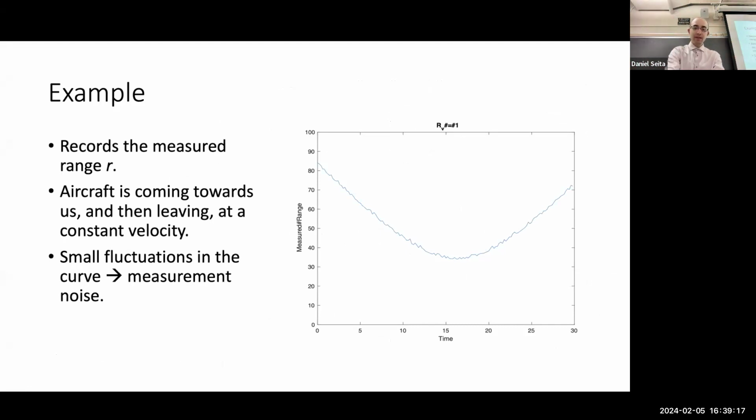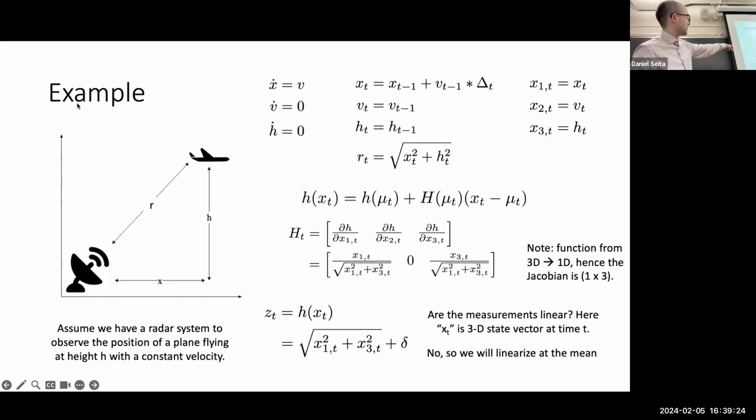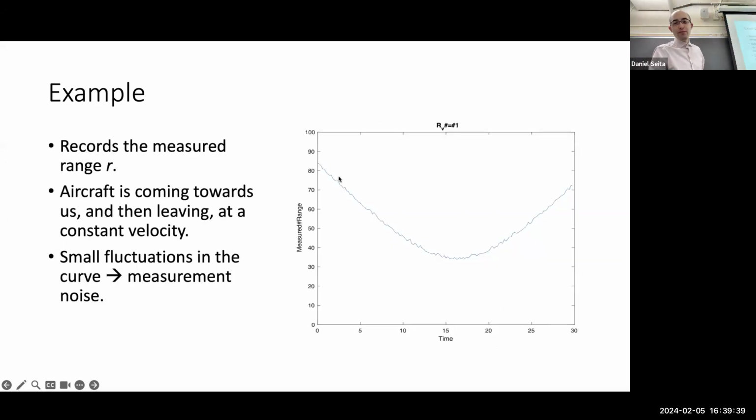As time goes on, if the plane starts here to the left and goes straight like this, it becomes closest when it's right above here, and then it gets further as it goes out. So that's what this kind of plot is indicative of in many tracking algorithms, where something is far, then moves closer, and then moves away.